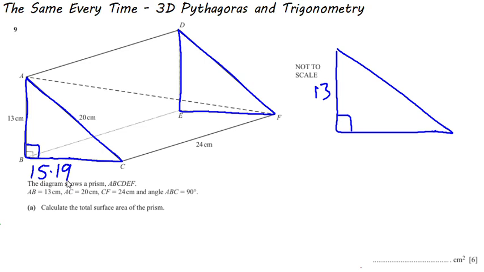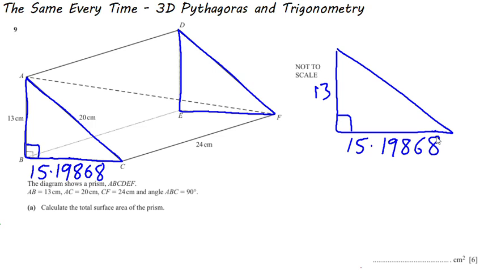If we are using a number again, we either use the full calculator answer, or go for, let's say, 5 places after the decimal point. So I'm going to go with 15.19868. That will be enough accuracy for the rest of the question. On my diagram, 15.19868, or you can go for the full calculator answer if you want.